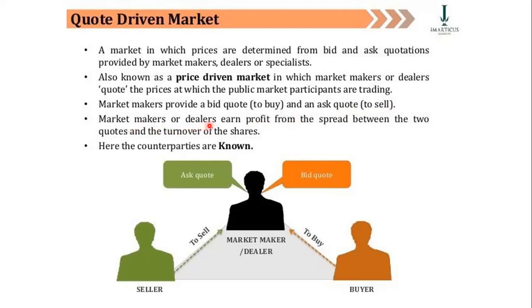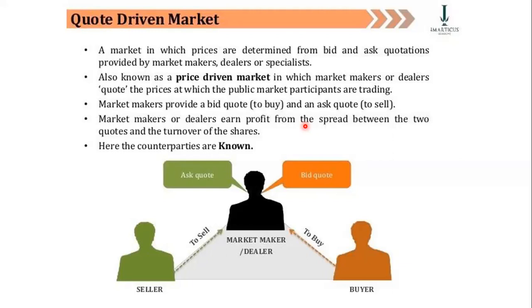Market makers, dealers, brokers or intermediaries earn profit from the spread between the two quotes and the turnover of the shares. For example, Mr. A just wanted to buy shares from ABC Limited. At that time, he just called the market maker, the broker, asking what's the price of the shares.